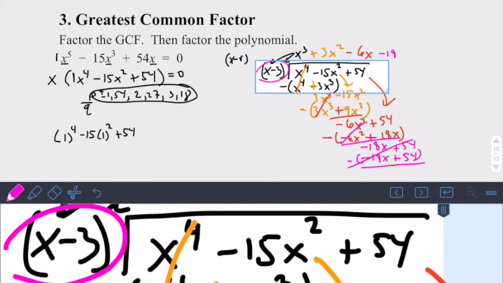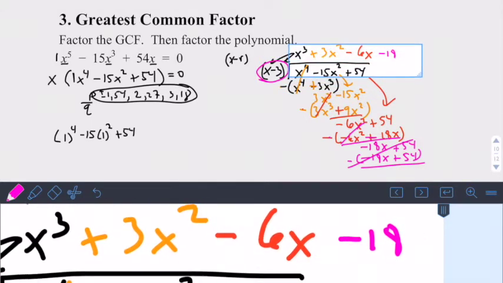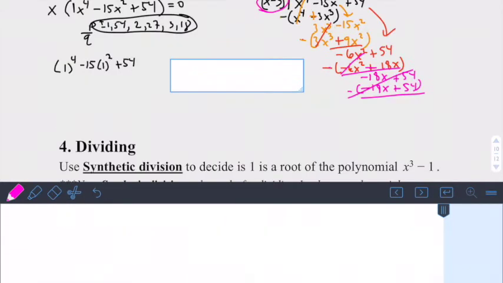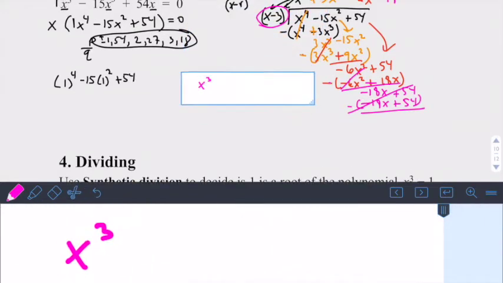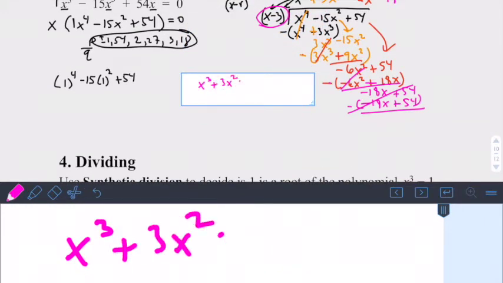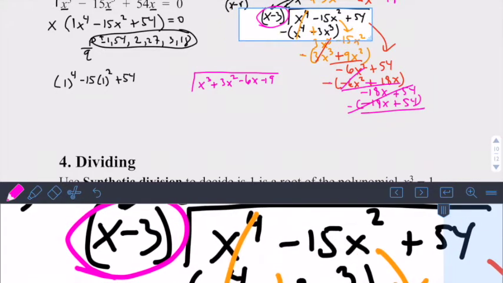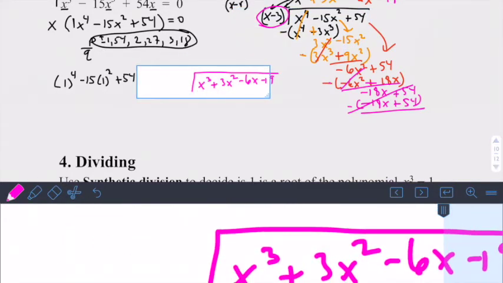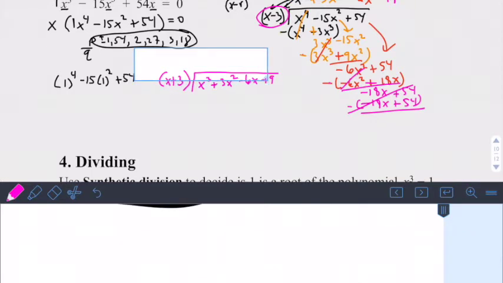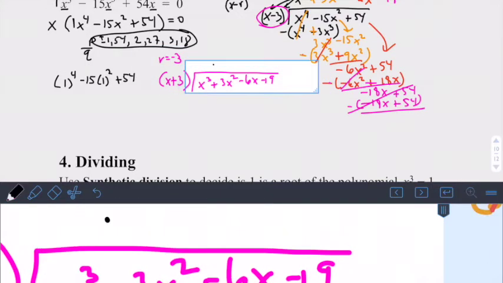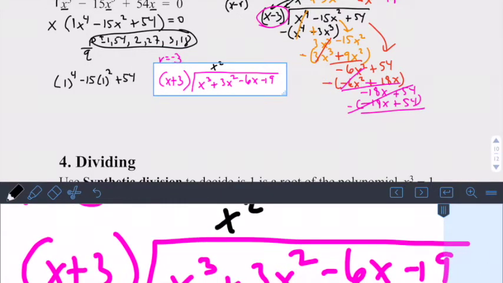So now we have another factor, and now we need to do long division on this. Well, we know that x plus 3 is also going to work, right? That root of -3, we already tested it. So x squared.